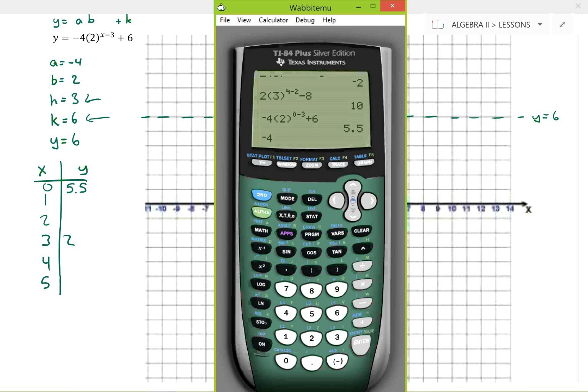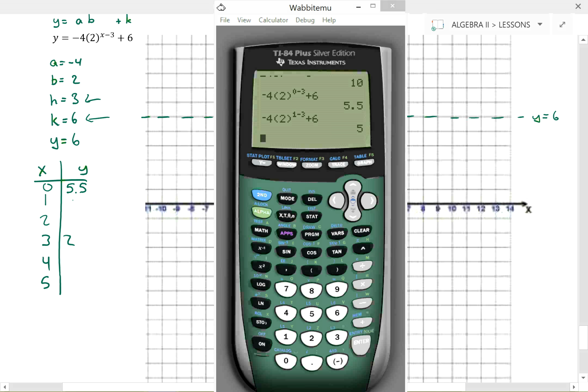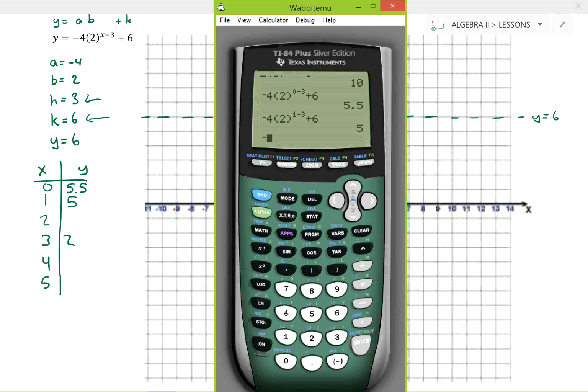That's negative 4 times 2 to the 1 minus 3, plus 6. I'm getting a 5. I'm going to plug in 2. That's negative 4 times 2 to the 2 minus 3, plus 6. I'm getting a 4.